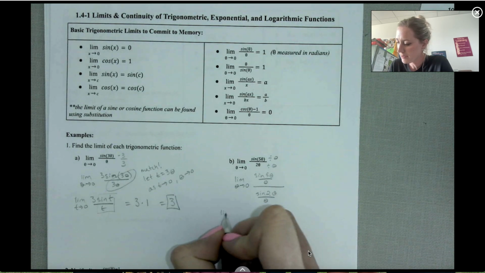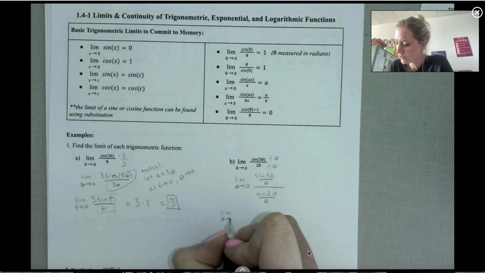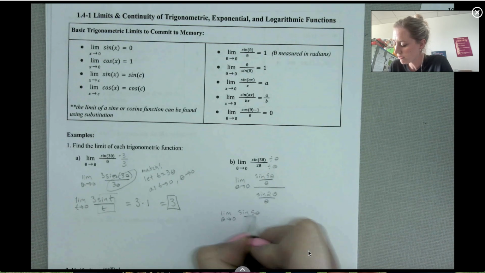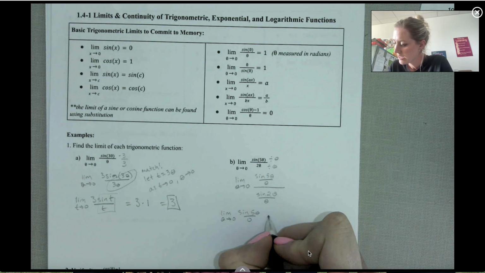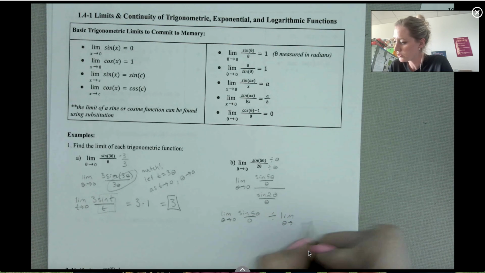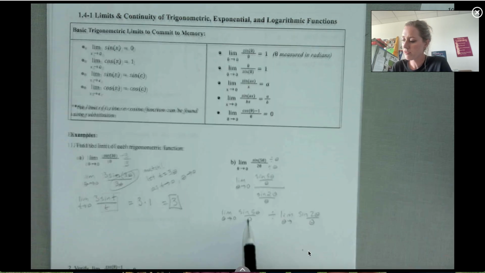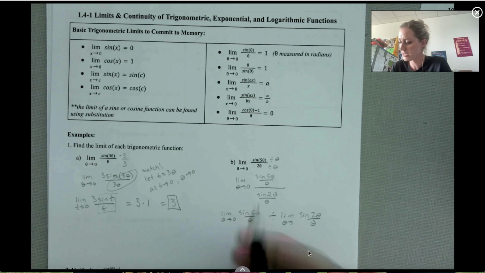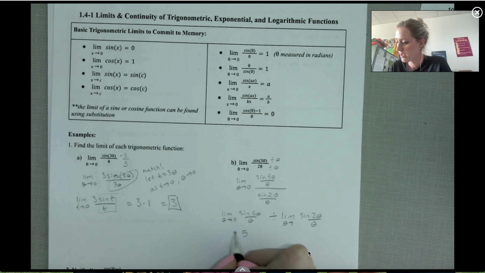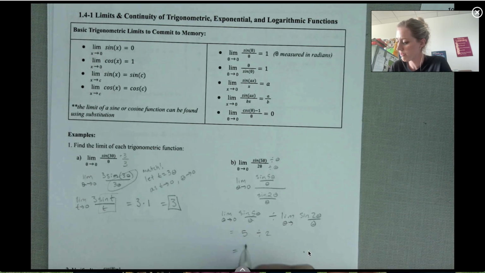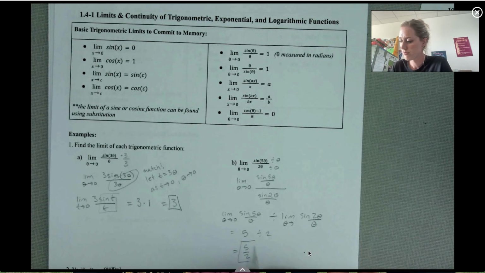So I've got the limit as theta approaches 0 of sine of 5 theta over theta, divided by the limit as theta approaches 0 of sine of 2 theta over theta. So then I can multiply this whole one by 5 and have exactly what we had over here. So we know that this limit is going to equal 5. And then this one's going to equal 2. So that's where I get the 5 halves. All right.